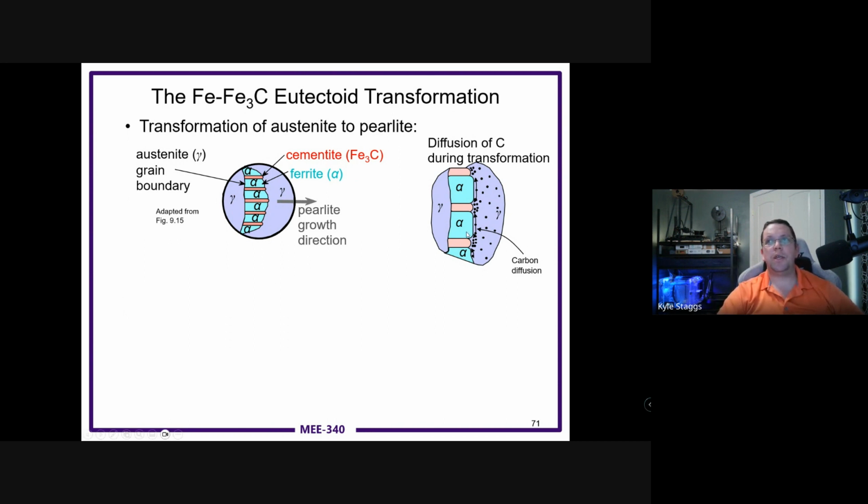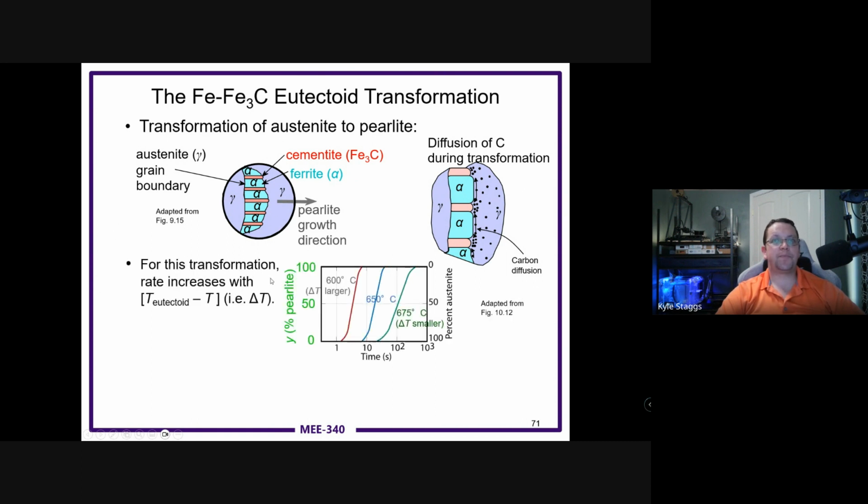The reason being the carbon diffuses to these carbon-rich regions in order to minimize some of the surface energies between those phases. The carbon gets sequestered into these carbon-rich stripes. So it's a thermodynamic process, but pearlite always grows linearly as those grains are cooling down.